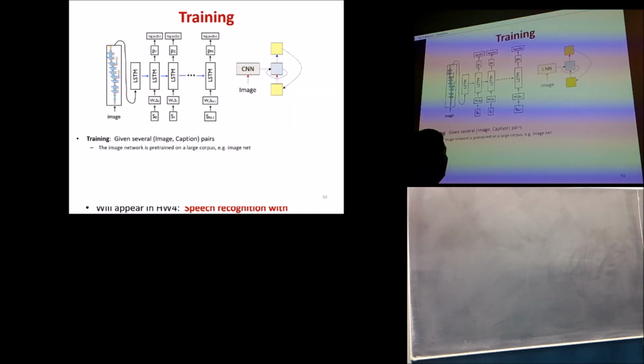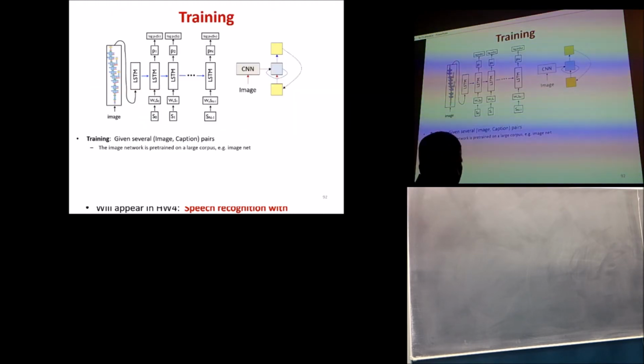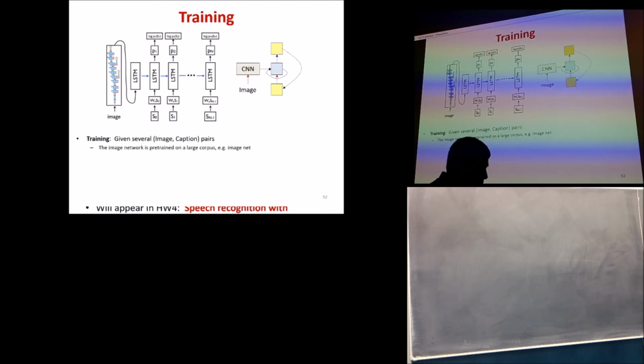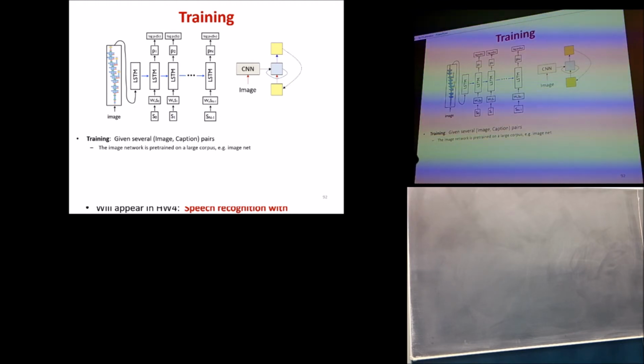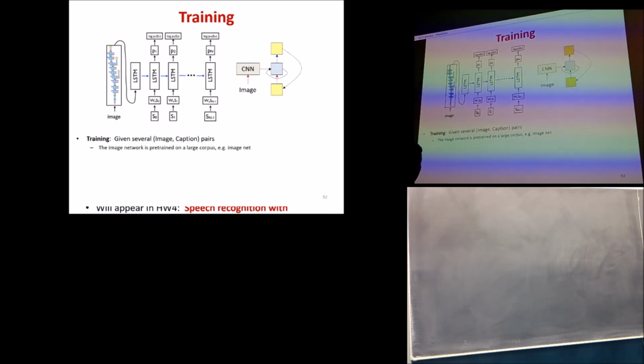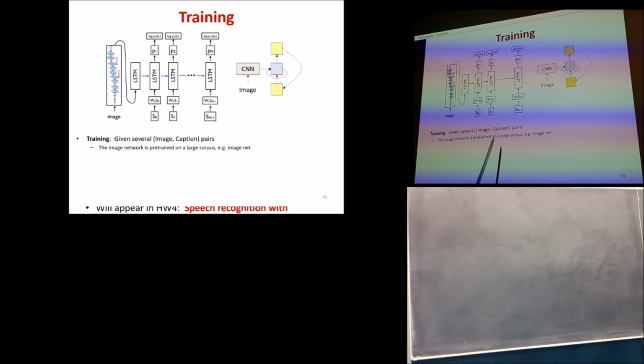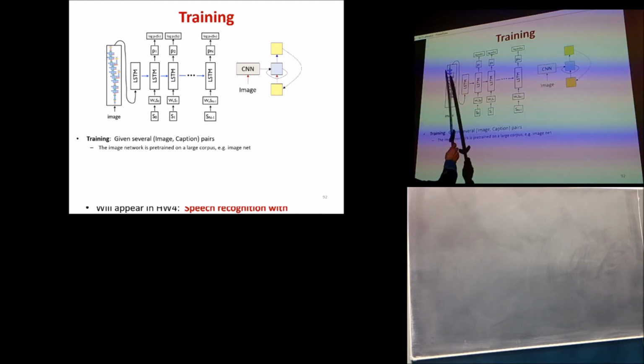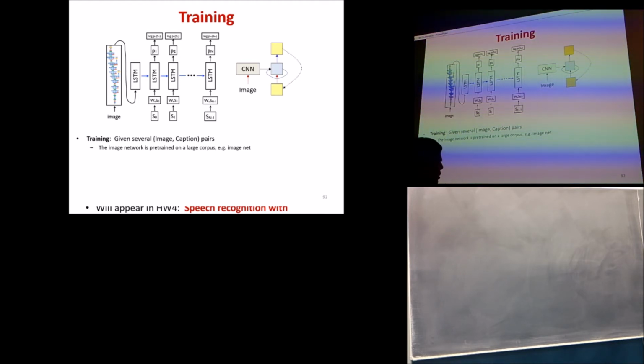For training, the process is very similar to the sequence-to-sequence model. Remember, this is an image-to-sequence model. You're given several image and caption pairs. You'd have a preliminarily trained image network, which is trained on a large corpus like ImageNet.